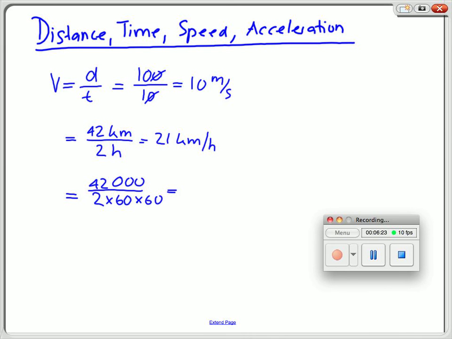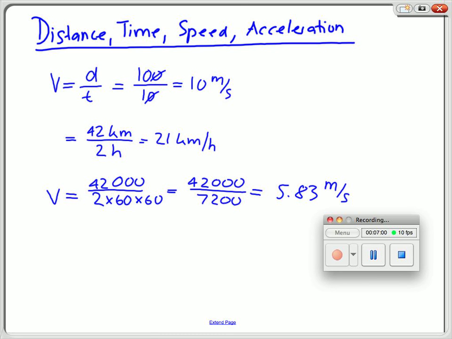If you key that into your calculator, you would get 42,000 divided by 7,200. And if I do the maths on this, then I get 5.83 meters per second. So here's my answer in meters per second. What I need to do is convert the kilometers into meters, and convert my hours into seconds.